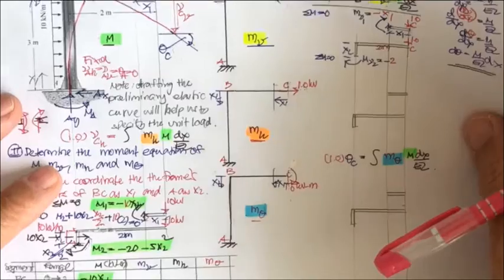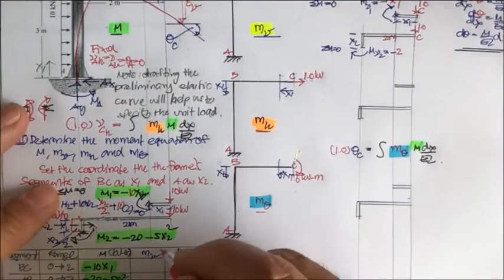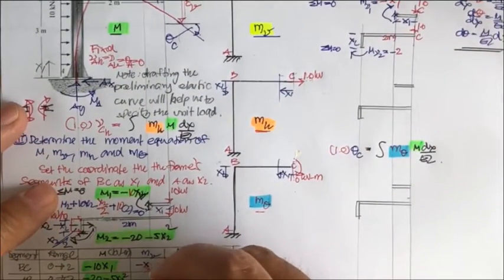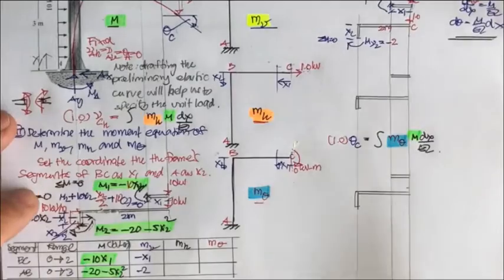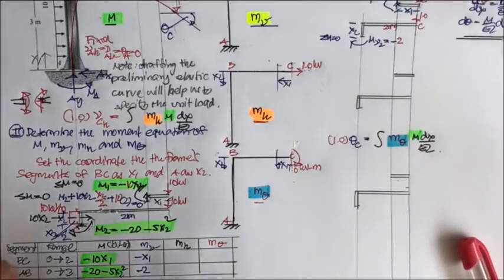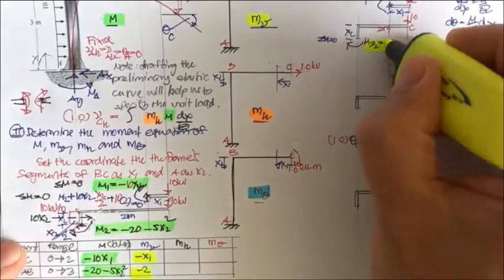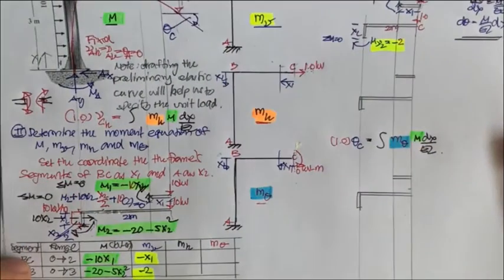The one is going to be minus x1, and another one going to be minus 2, and let it go by the yellow. Okay, let's go by the yellow.